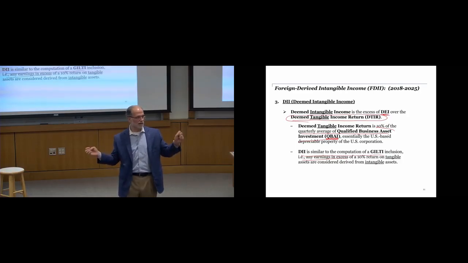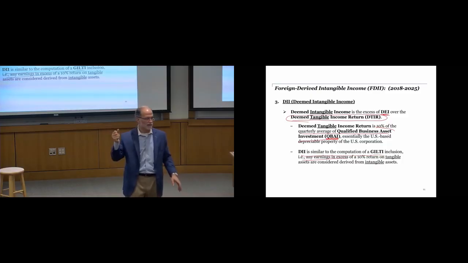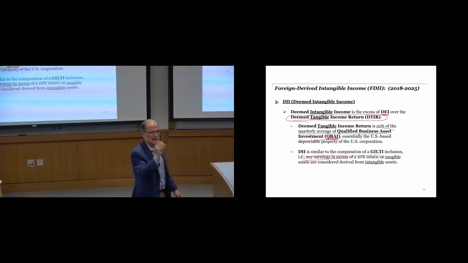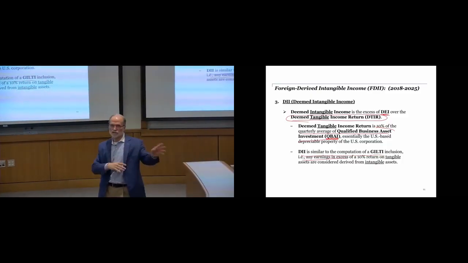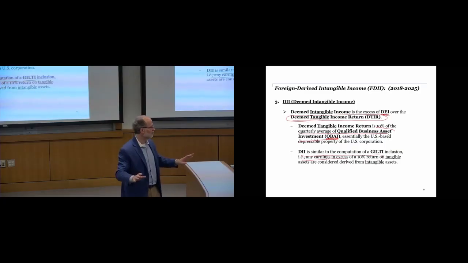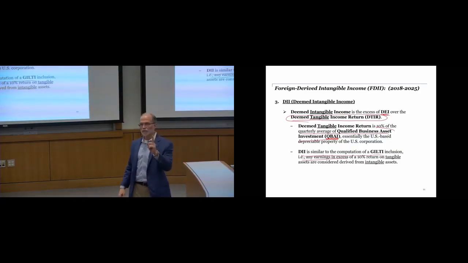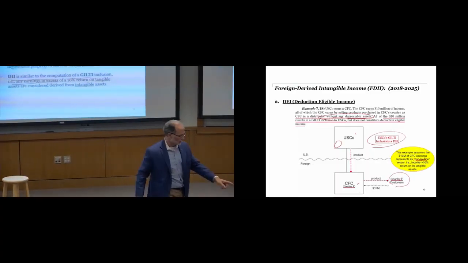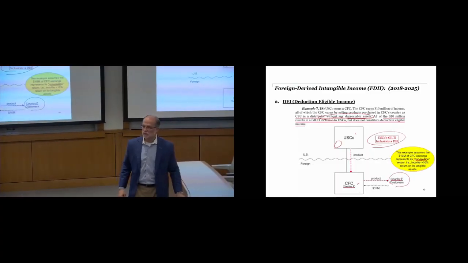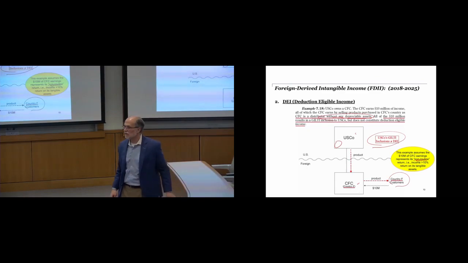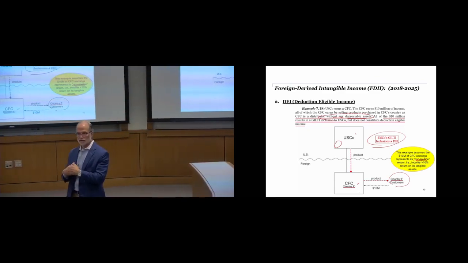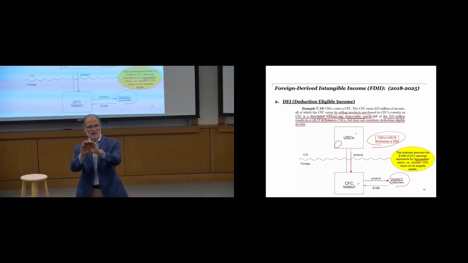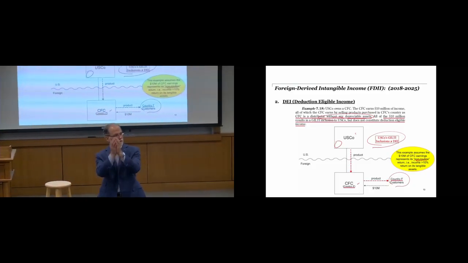They were drafting it along the way, during the 6 weeks, and people were lobbying at the time, saying oh, you need to do this, you need to do that. So it was frenetic, to say the least. So remember GILTI: in that prior example, if there were tangible assets in the CFC, that would reduce my GILTI inclusion because I'm only going to get the intangible income currently included.